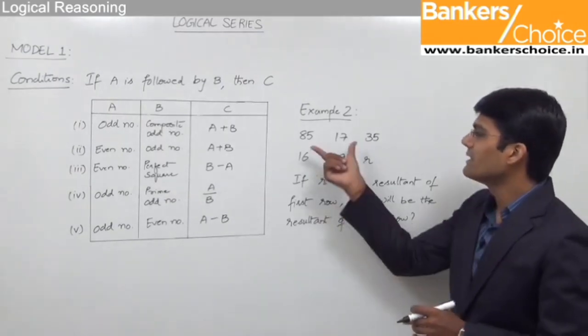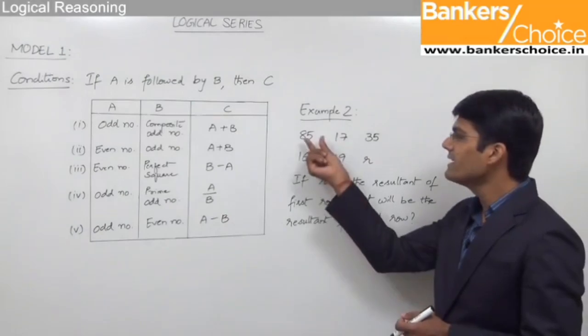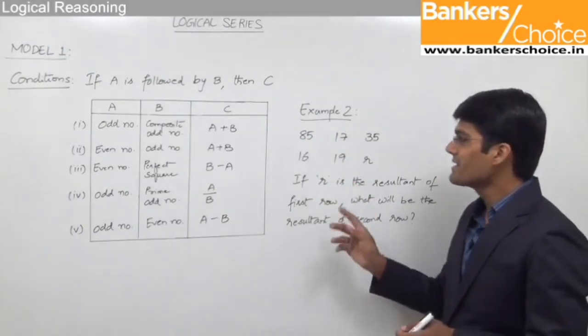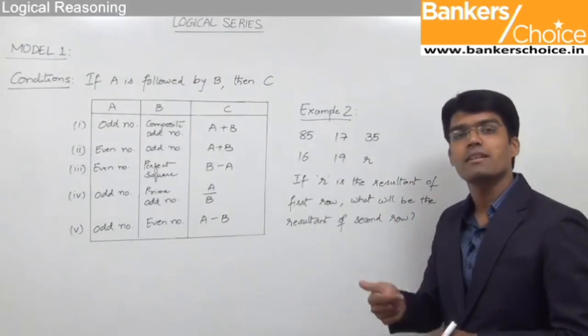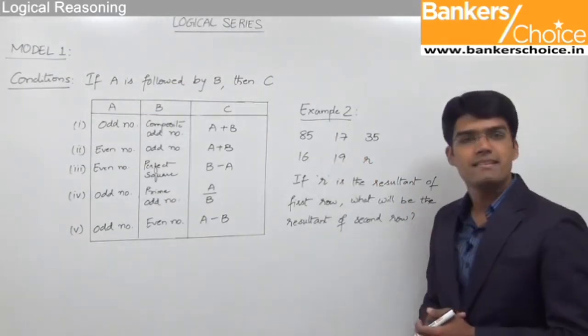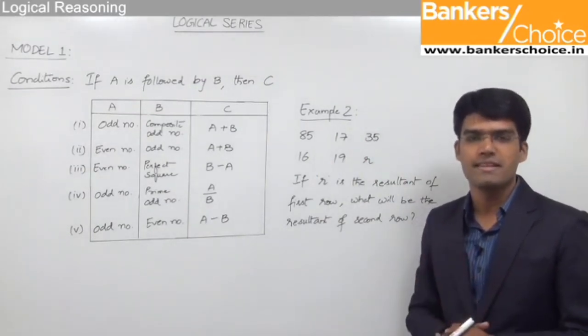So let us start with the first row, that is the first two numbers 85 and 17. As we can see here, 85 and 17 both are odd numbers. But as per the conditions, we need to decide whether the second odd number is a prime or composite number. Here we know that 17 is a prime number as it has only two factors, that is 1 and the number 17 itself.